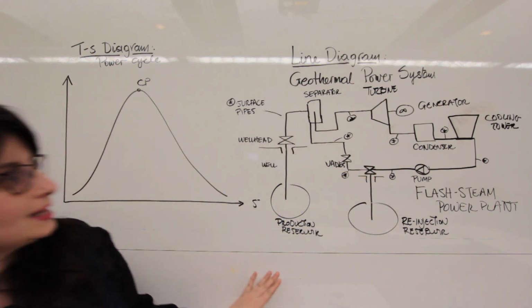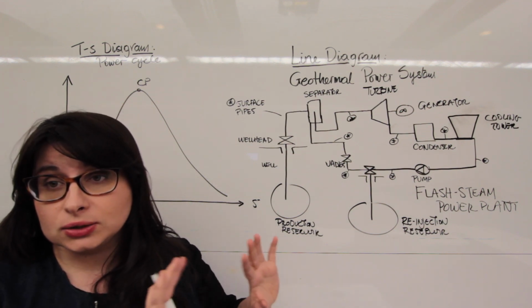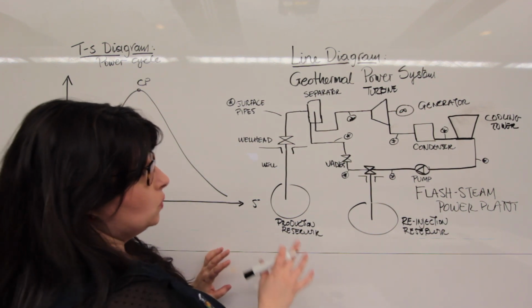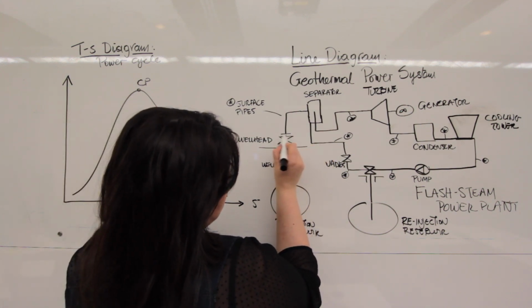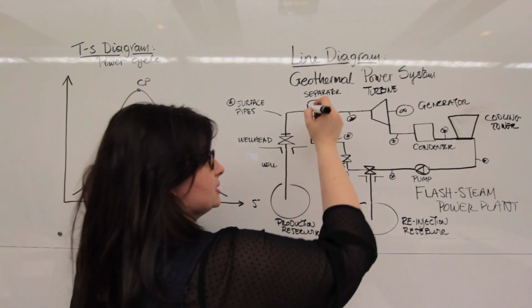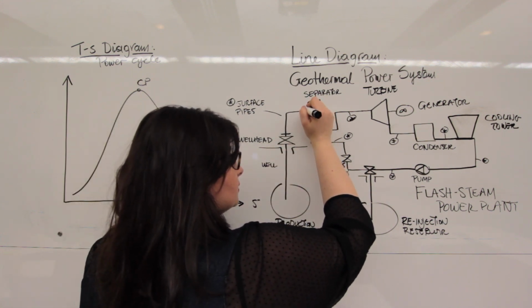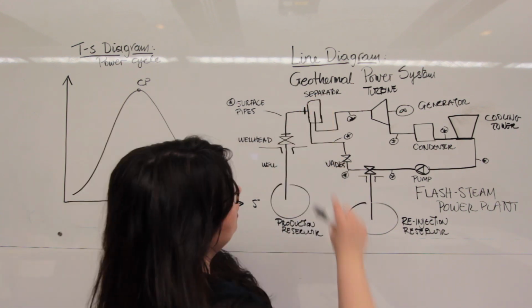Well, it's important because for the purposes of this analysis, we can safely assume they do not exist. What does that mean? That if you know the conditions of your fluid, the phase, its pressure, its temperature at this point, you can assume very safely that it will be exactly the same at this point, right?